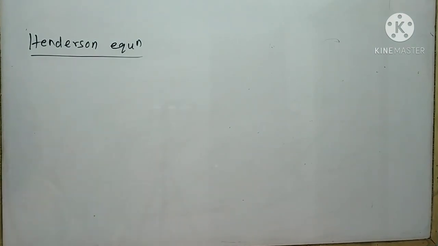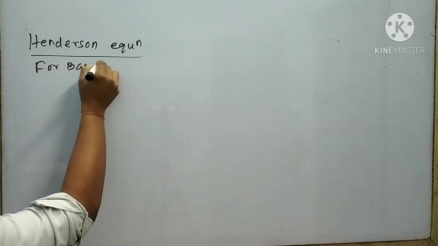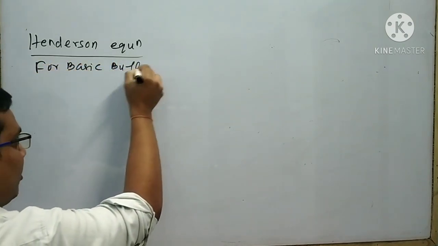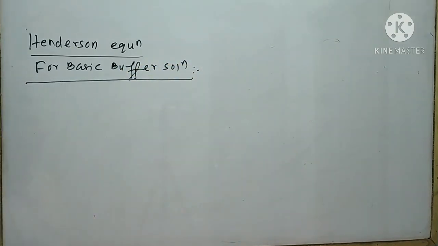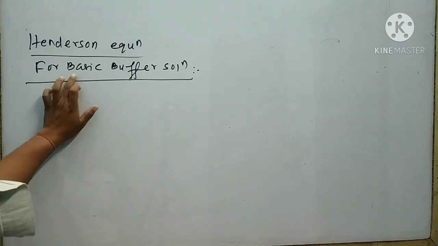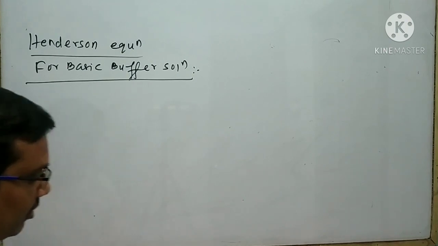Next, I want to explain the Henderson equation for basic buffer solution. A basic buffer solution is an equimolar mixture of a weak base and its salt of a strong acid. Let us consider a basic buffer solution.